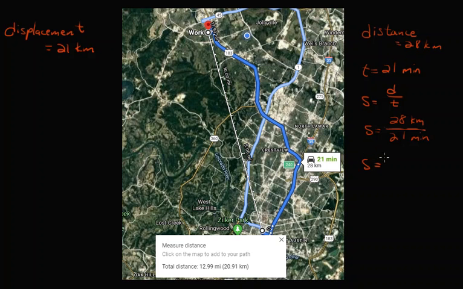And so it's 1.33 kilometers per minute. Whenever you hear per, that's that divisor in the fraction, and so that means that every 21 minutes you go 28 kilometers, or in this case every minute you go 1.33 kilometers.